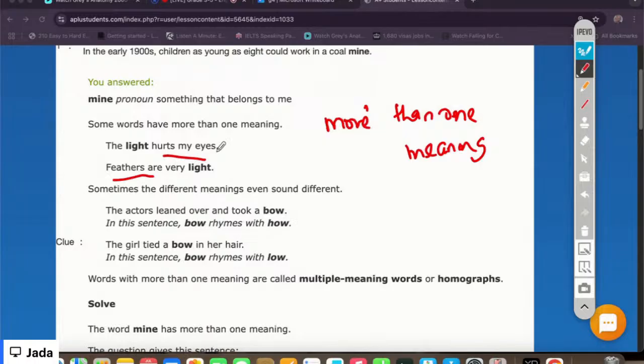They could have the same spelling, but they have different meanings. So we have lights here. The light hurts my eyes, and the feathers are very light. You can obviously see that there's a difference. The first one is like the reflection hurting your eyes, and the second one is like saying the feathers have no weight.